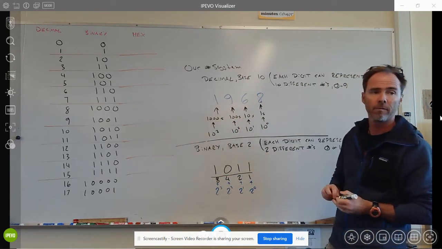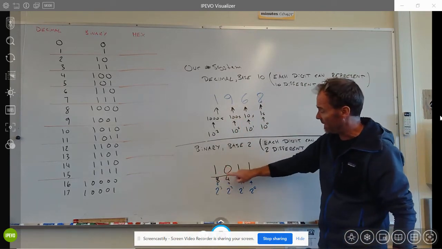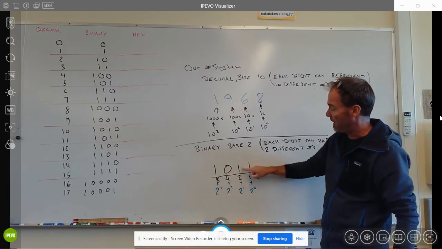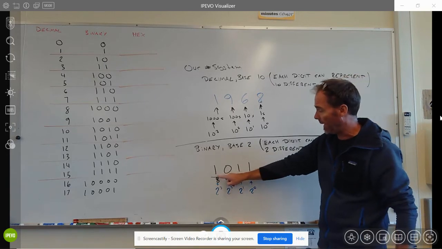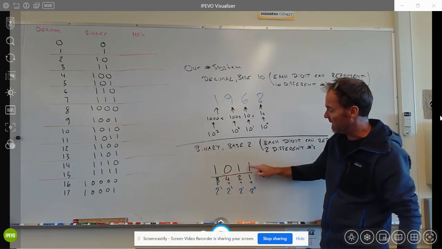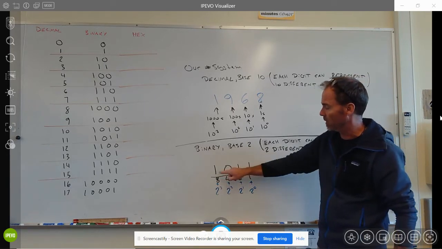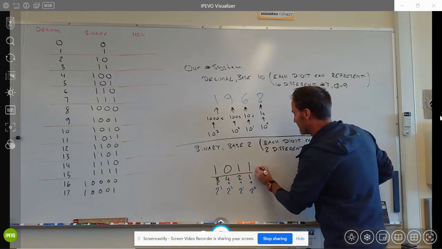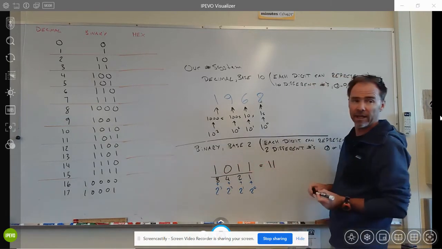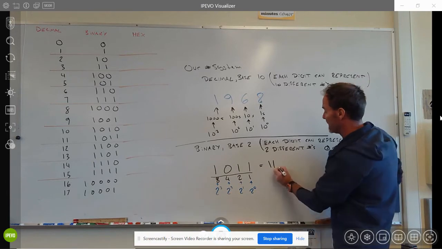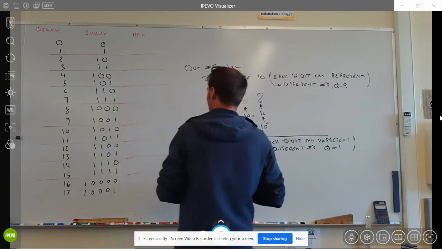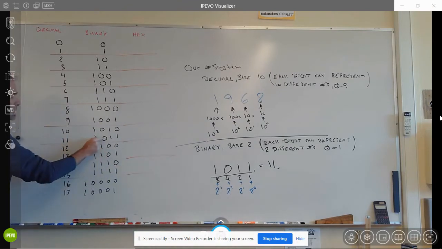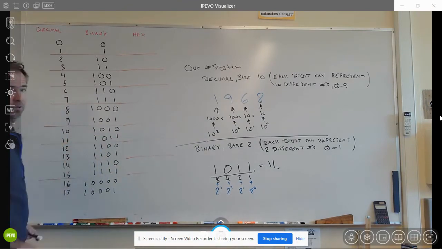So I have an 8, I don't have a 4, I have a 2, and I have a 1. 8, 9, 10, 11. So 1, 0, 1, 1 is the same as 11 in our number system, base 10.